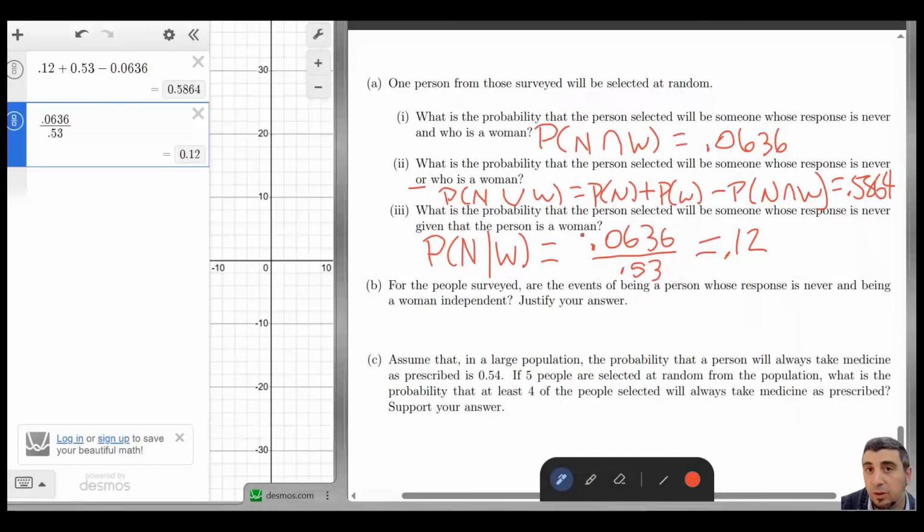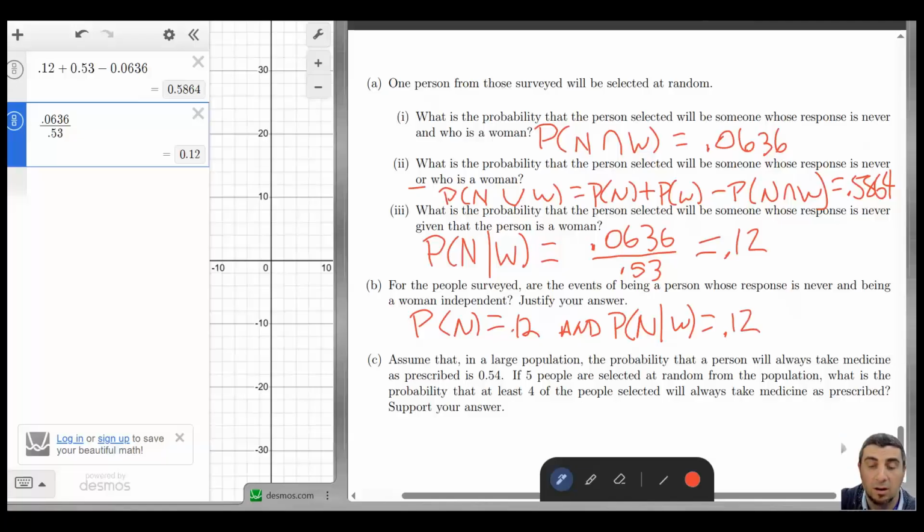Part B, for the people surveyed, are the events of being a person whose response is never and being a woman independent? To show that two probabilities are independent or not, you have to compare the conditional and marginal probabilities. Since the probability of never is 0.12 and the probability of never given woman is also 0.12, they are independent.